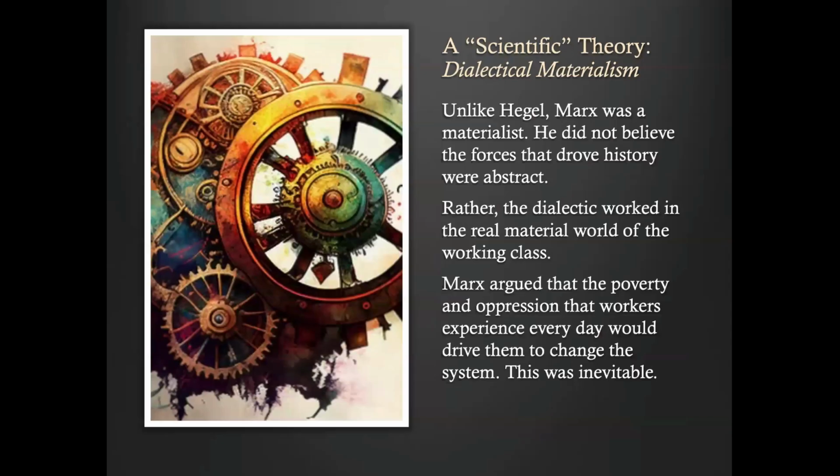He believes that history is driving forward, but not because of some abstract conflict between ideas. Ideas are secondary. You know what's primary for Marx? Material conditions. The way we live, the way that we experience life, that's what's primary.